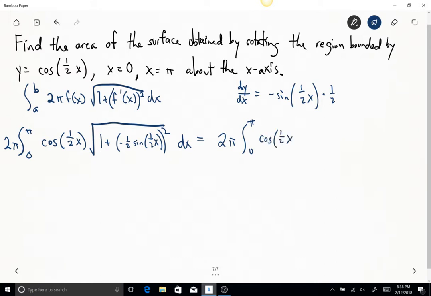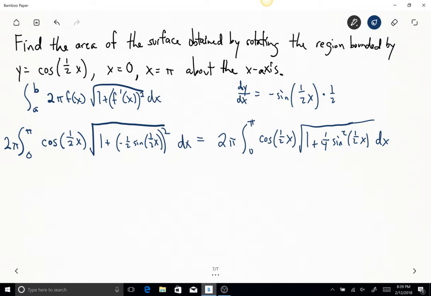Cosine of 1/2 x, square root of 1 plus, this would be 1/4 sine squared 1/2 x. And then we have a dx. So this probably looks nasty right now.